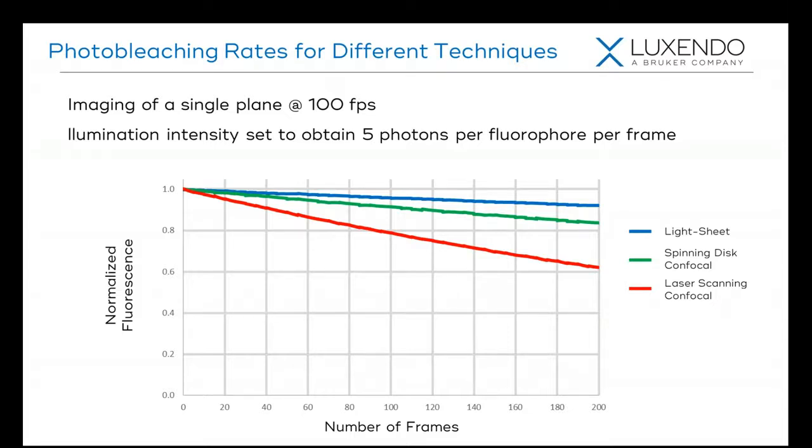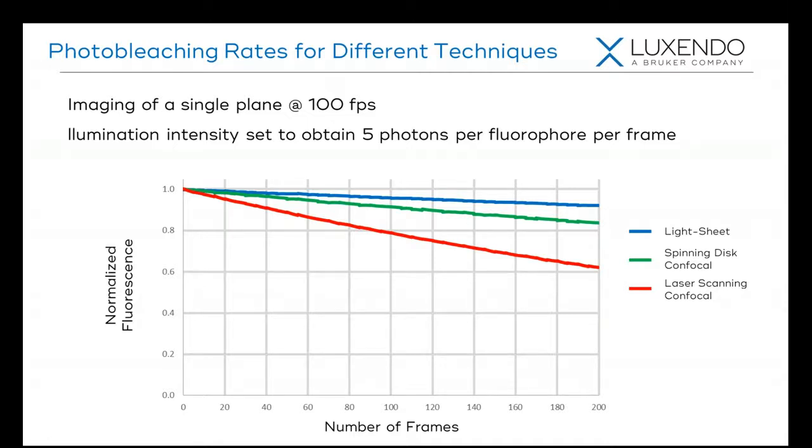And when we do this, imaging at 100 frames a second for 200 frames, we see that in laser scanning confocal, we've essentially lost about 40% of our signal by the end of the experiment. In spinning disk, it does significantly better, where we're sitting at about 80% of our original signal still there, and light sheet is still the best with only about 10% photobleaching.